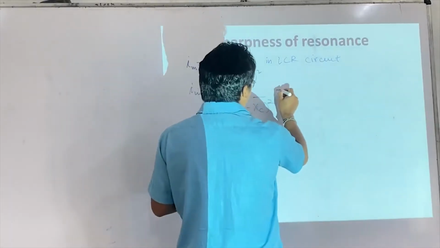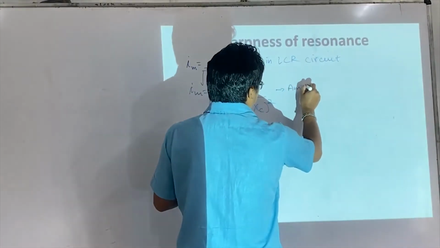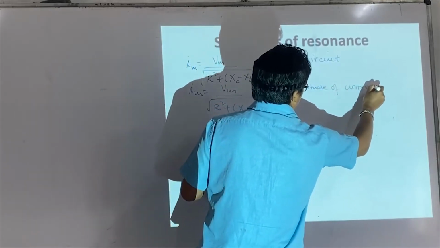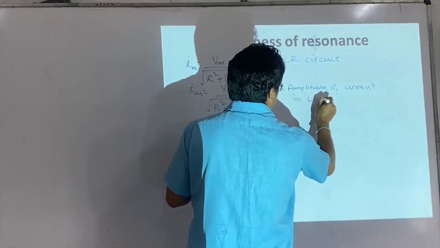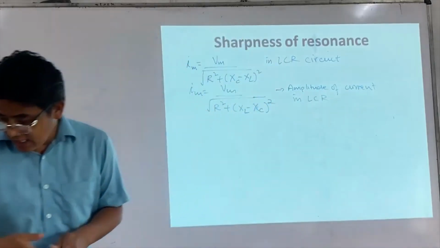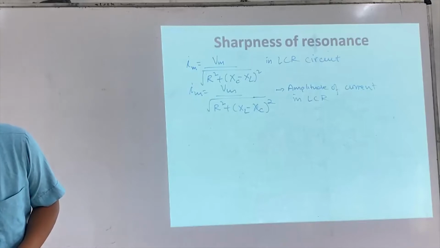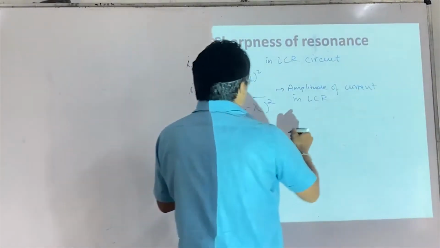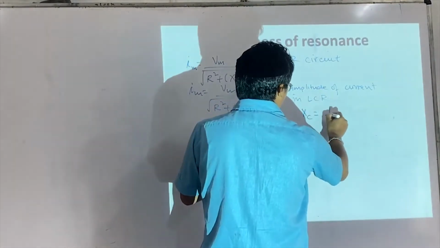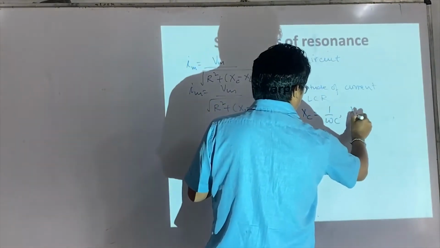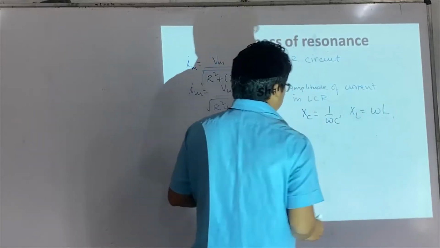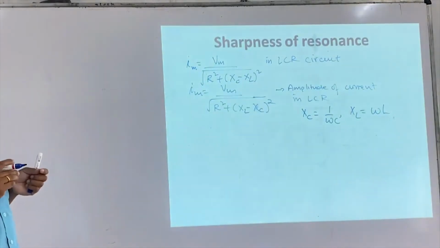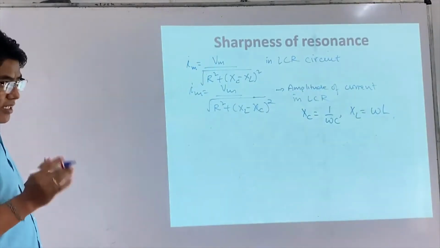So this is the amplitude of current in an LCR circuit. Now Xc is equal to 1 by omega C, and XL is equal to omega L. This is the formula we have done.